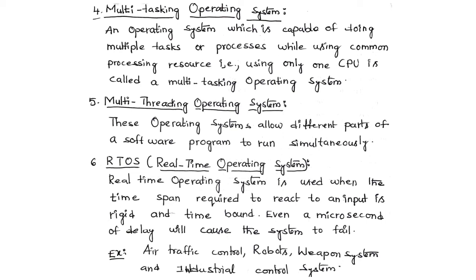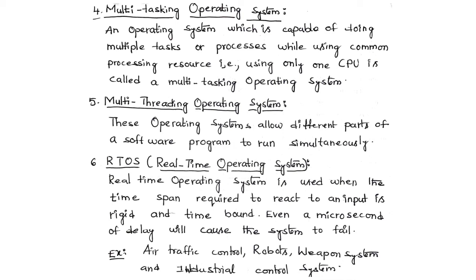Means the ability to perform more than one task together at one time is called multitasking. Once again, I will repeat this one. The ability to perform more than one task together at one time is called multitasking operating system.